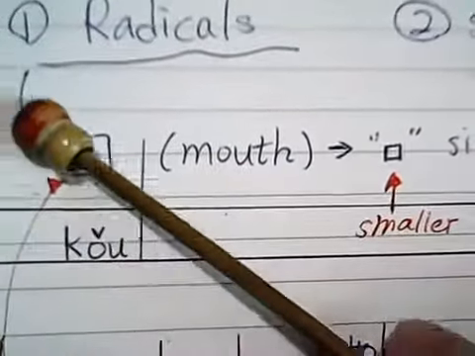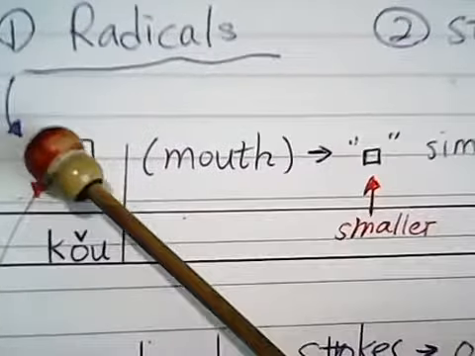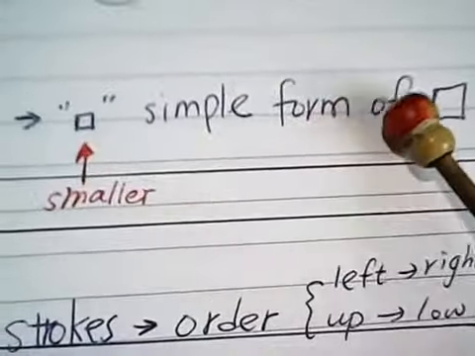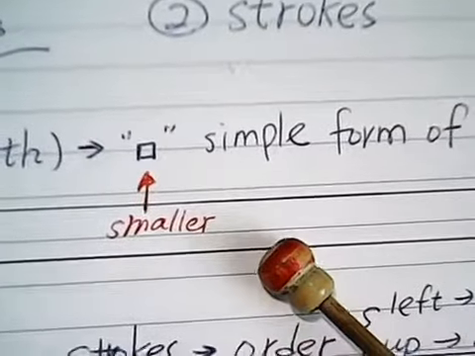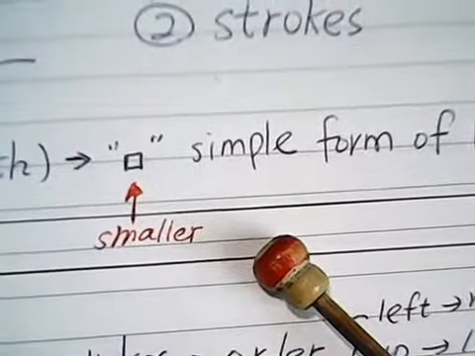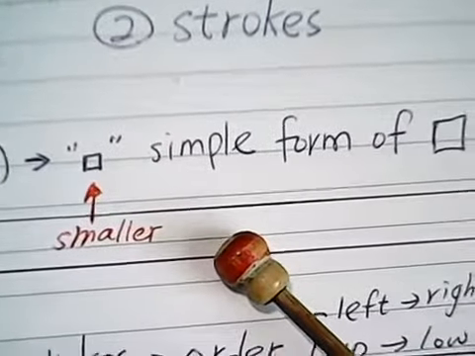So this is the original form. It is bigger. But the simple form of 口 is a little bit smaller. Maybe you may not understand this, but don't worry. Let me introduce it in a real Chinese word, then you will understand so clearly.